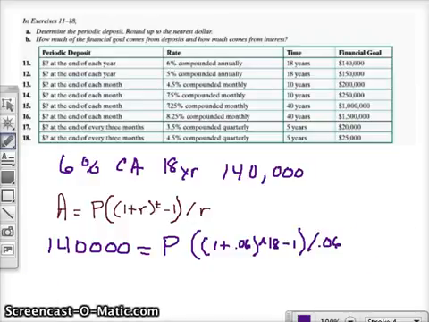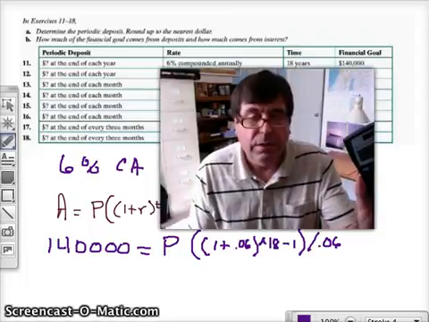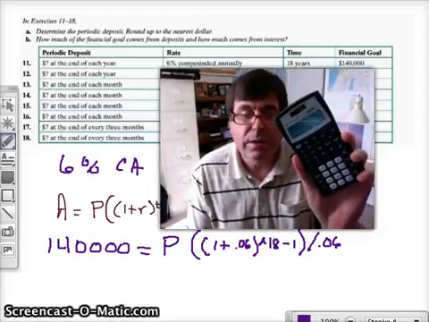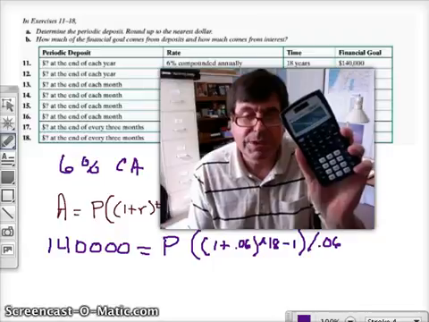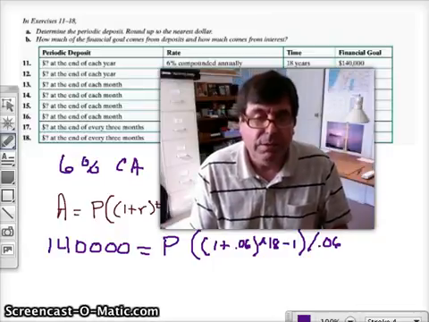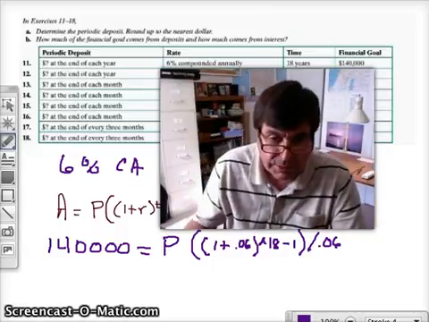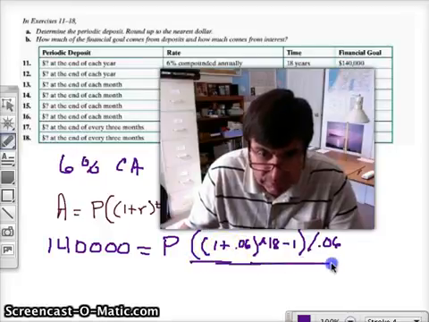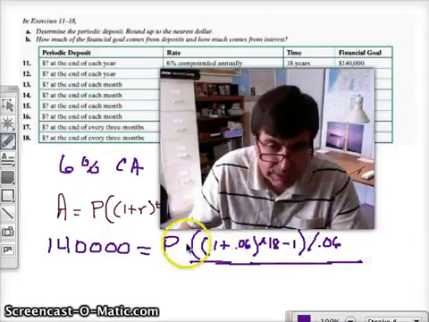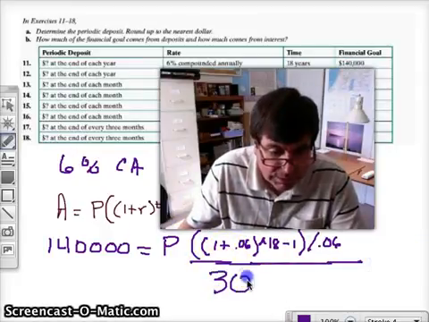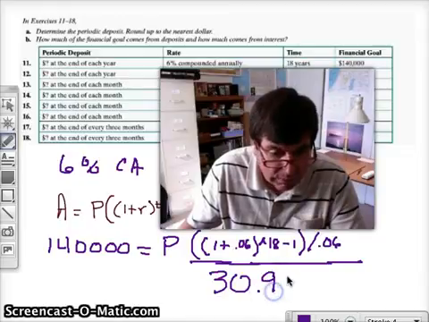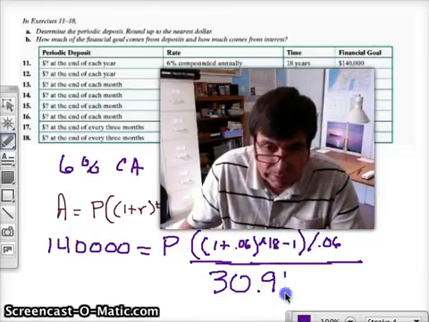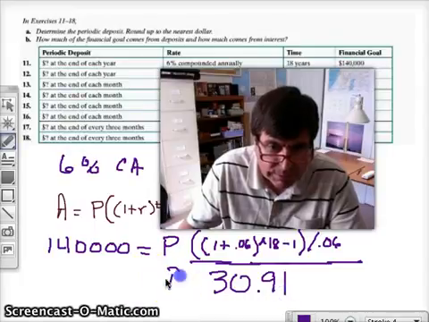I'm going to take my calculator and plug in what's in the parentheses. So I plugged into my calculator this whole part right here, even divided by the 0.06, and I get 30.91. I'll round to 2 places.